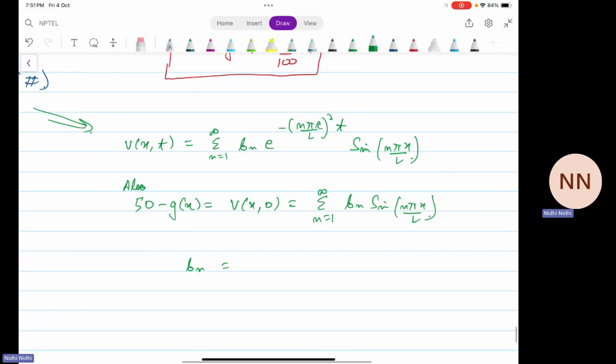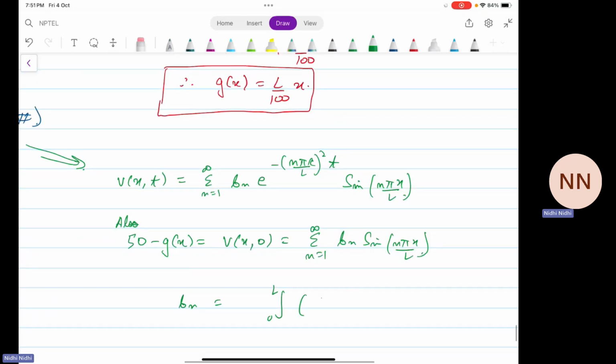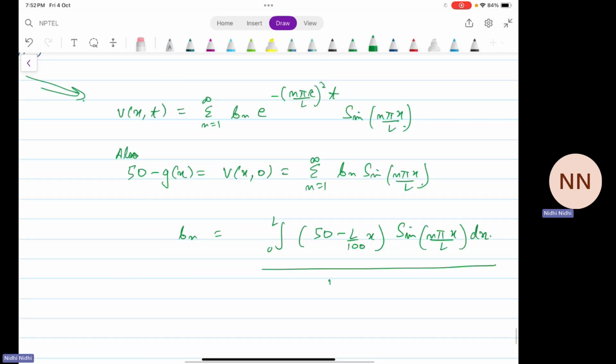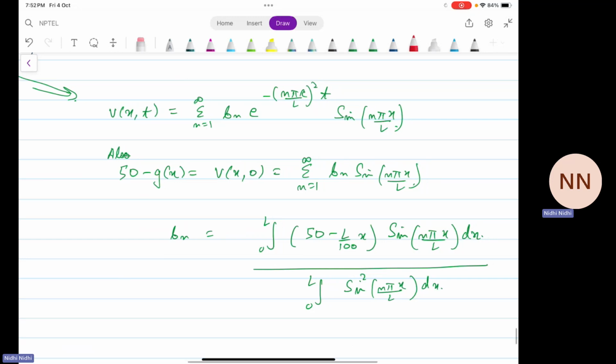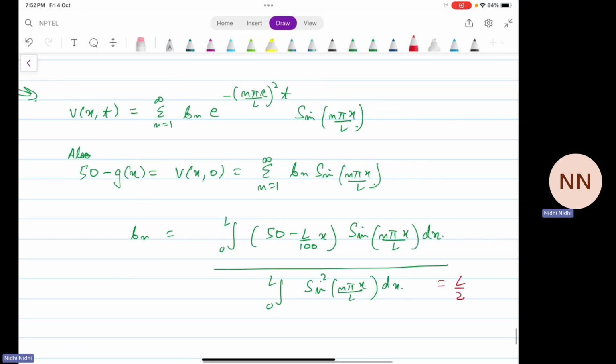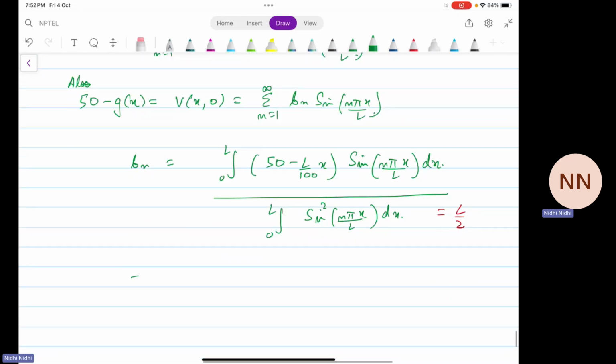This Bn is equal to integration 0 to L of 50 minus G(x), which is basically 50 minus 100 by L times x, times sine n pi x by L dx, divided by integration 0 to L of sine square n pi x by L dx.